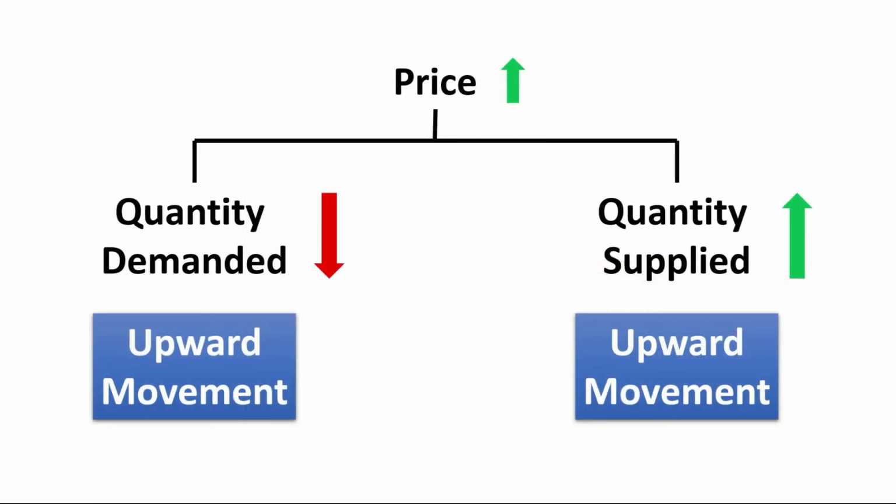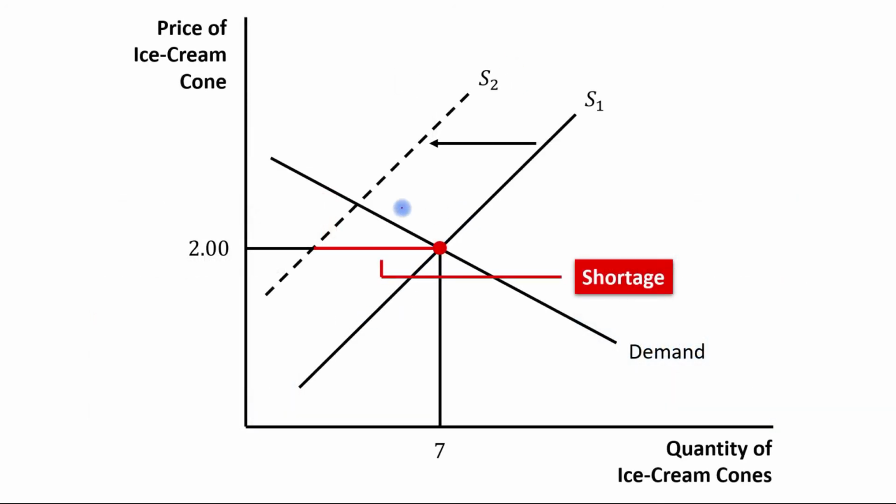Price increase will lead to an upward movement along both the demand curve and the supply curve. So there will be an upward movement along the supply curve and along the demand curve. These changes will continue until a new equilibrium is achieved.